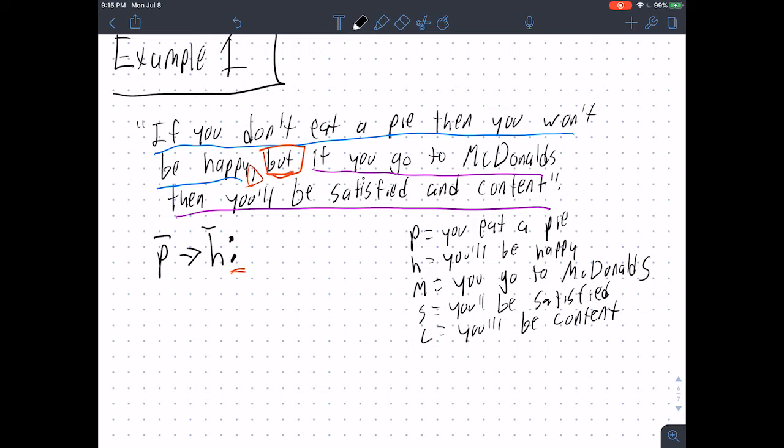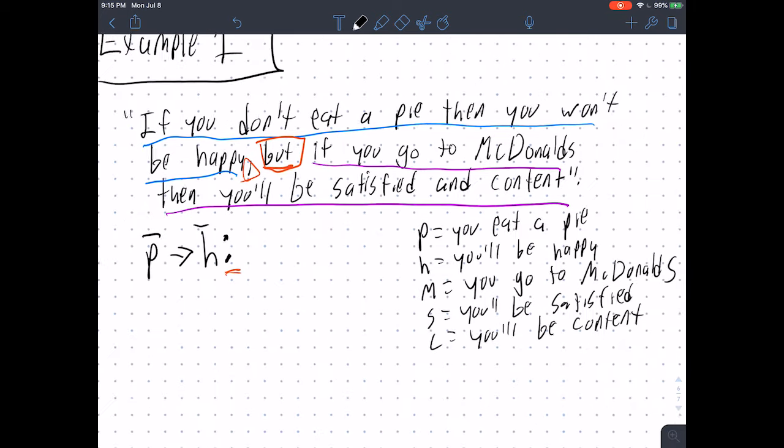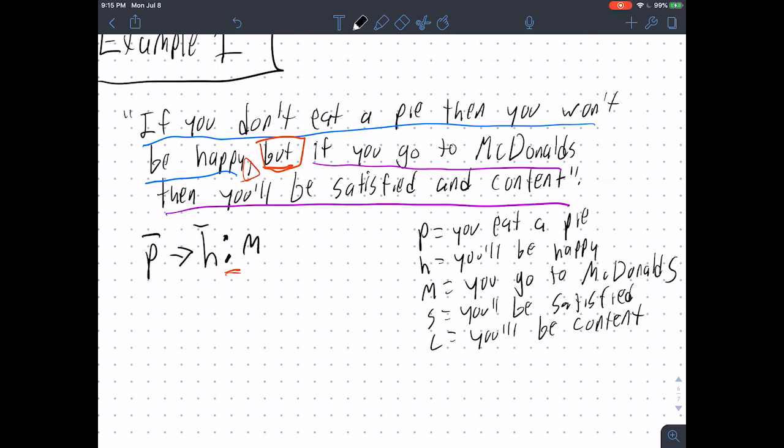So what do we do next? Let me zoom in. So this whole second group, if you go to McDonald's, then you'll be happy, you'll be satisfied and content, right? So the whole thing's a conditional. And we have to use our judgment here as to how the grouping is going to work. So I think that the way that most people would think that this is grouped is, so we have the antecedent of the conditional is M. So you go to McDonald's, right?